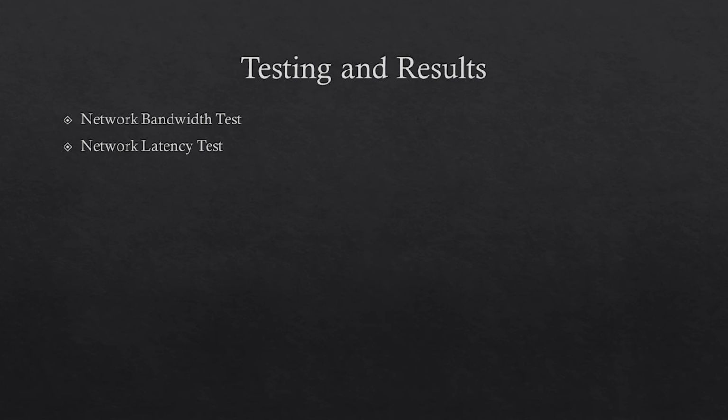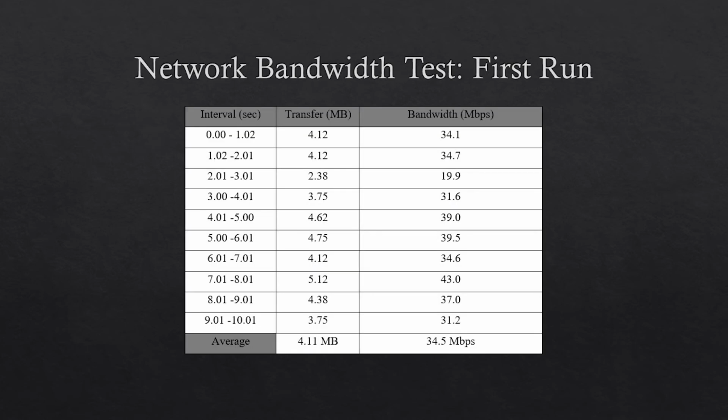And now testing and results. There are two types of testing that have been done for this project, which are the network bandwidth test and the network latency test. For the first run, the network bandwidth test, the client was put further from the router in order to represent a real world scenario where an average user will sit further from the router.